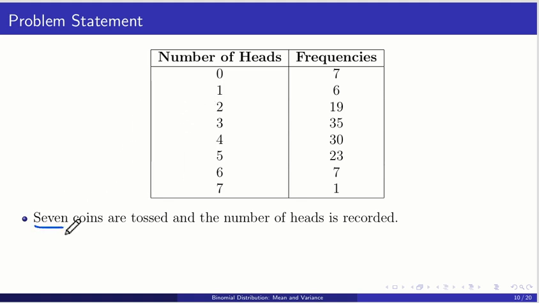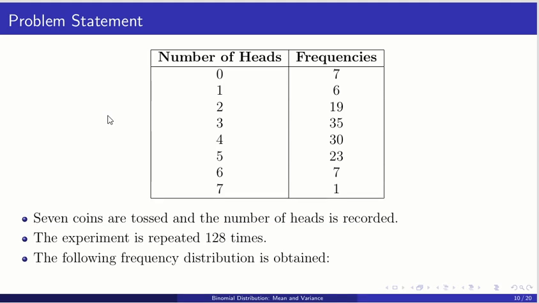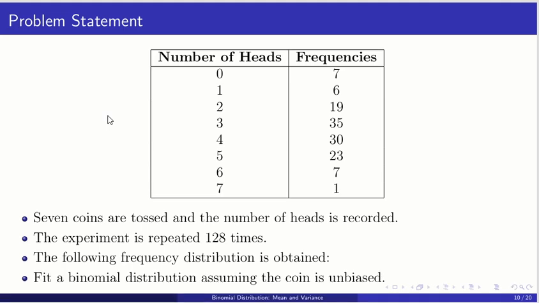Here is another question. 7 coins are tossed and the number of heads is recorded in the table. The experiment is repeated 128 times and the following frequency distribution is obtained. Fit a binomial distribution. Basically the problem is to fit a binomial distribution assuming the coin is unbiased.